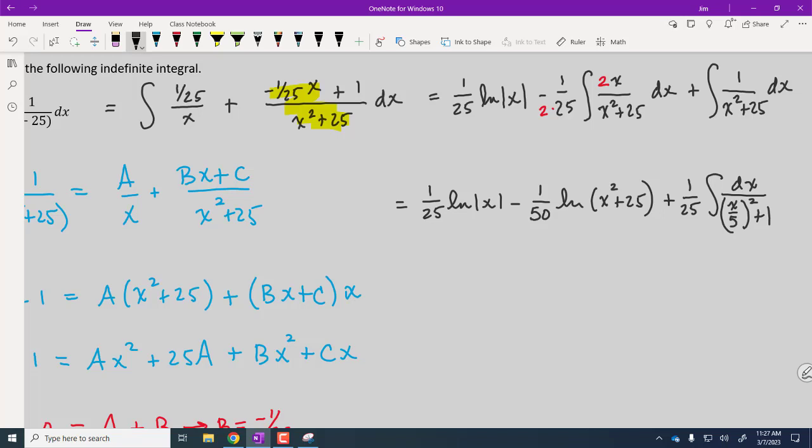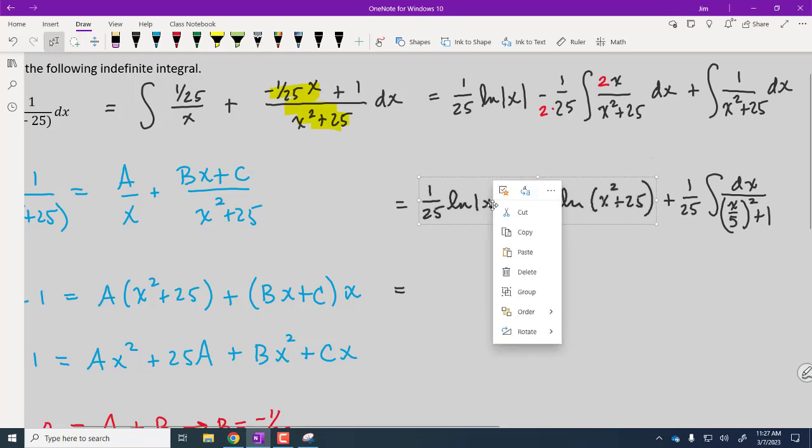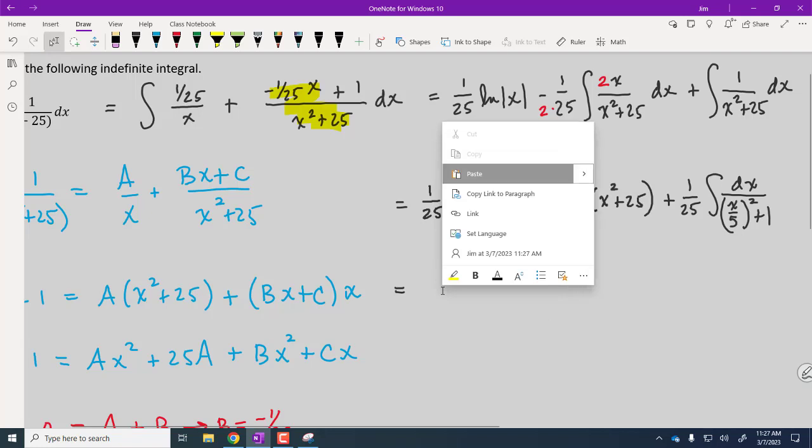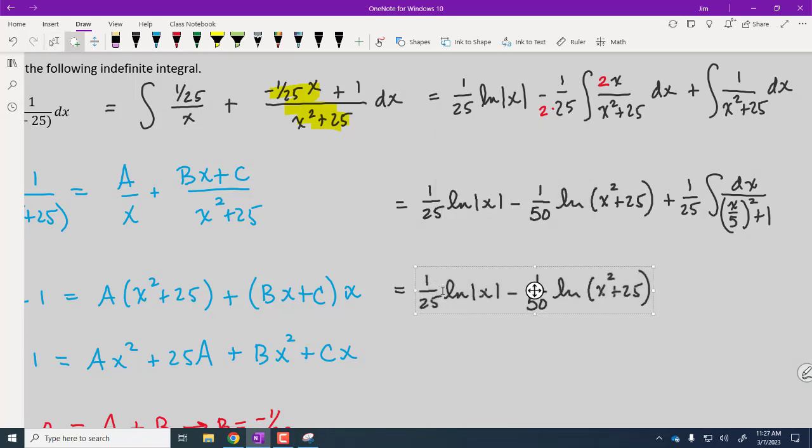Factoring out that 25 puts it in arctan form. So we're going to have all this stuff out in front, and then we have to use reverse chain rule.